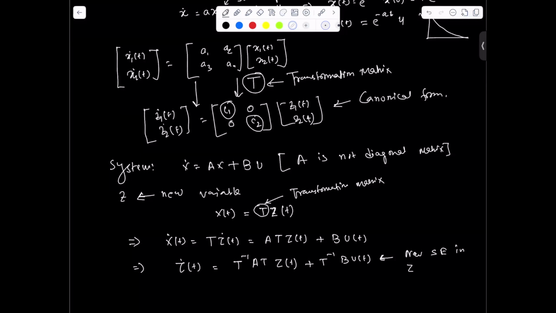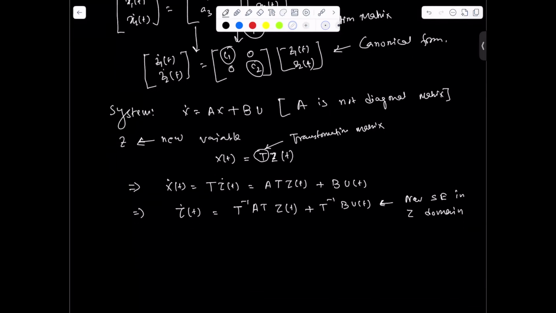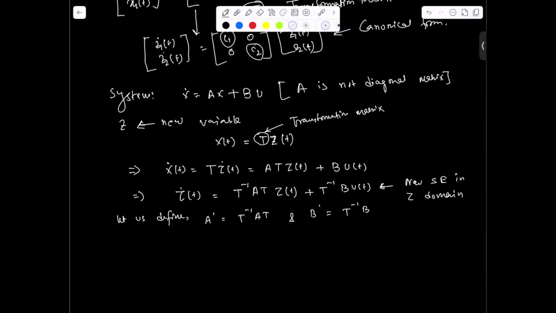In Z domain. Okay, so let us define A dash equal to T inverse AT and B dash equal to T inverse B. Using these terms, let's assume this is equation number 1.